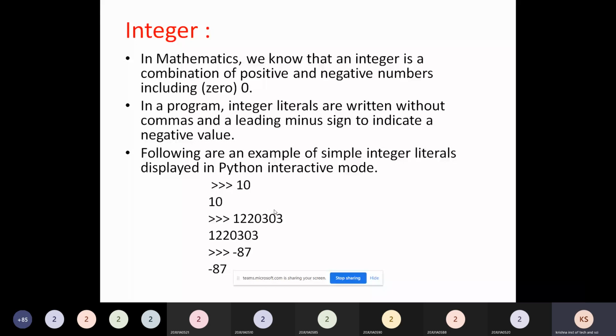Here are some examples for integer. For example, if you write 10 in the shell, it is displayed as the number 10. If you take a long integer value like 1220303, it is displayed the same, and also minus 87.